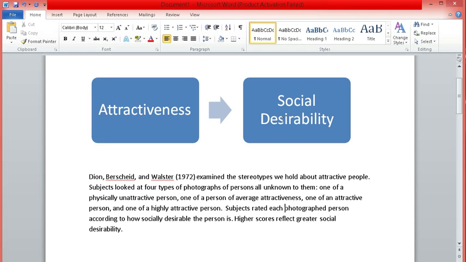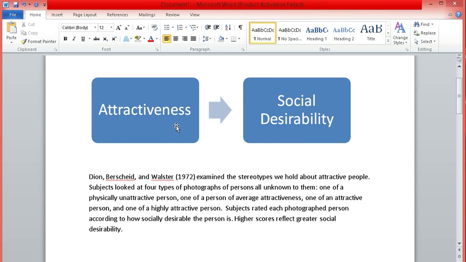If that is the case, there should be a significant variance in the perceived social desirability ratings of the subjects across different levels of attractiveness.